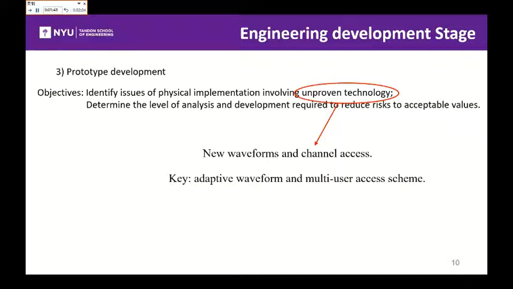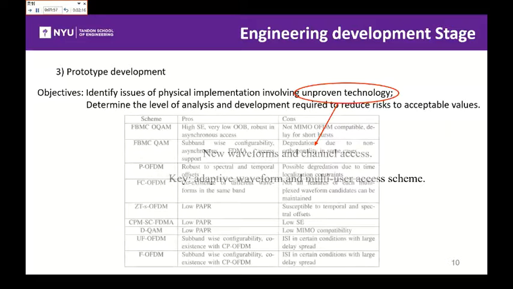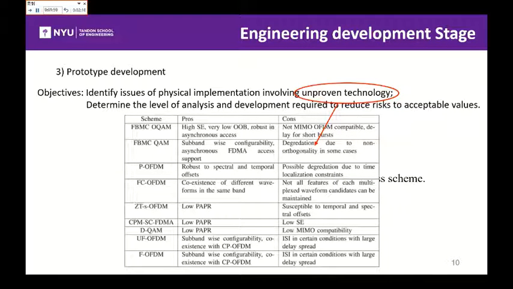So the key to achieve the 5G system is to utilize adaptive waveform and multi-user access scheme. This table shows some schemes, and here it also shows the pros and cons of each scheme.